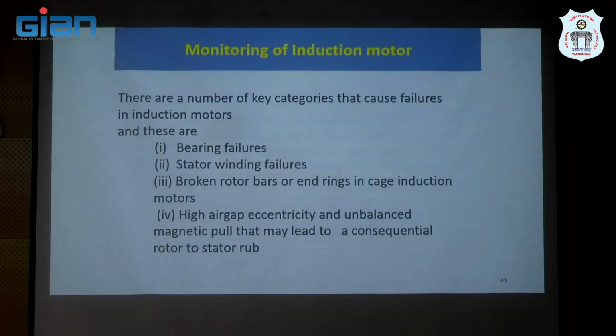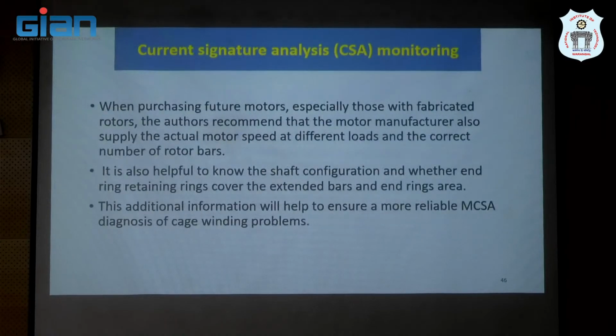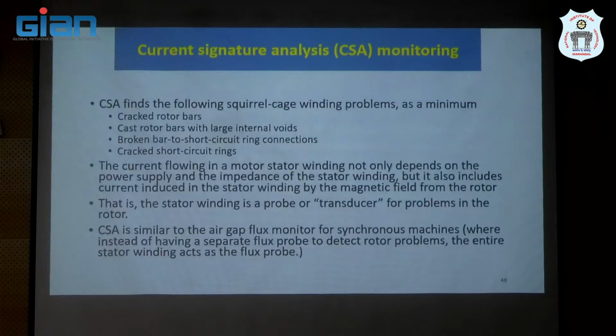All these things sir has explained clearly. These are different failures of induction motors. You can see CSA: cracked rotor bars, cast rotor bars with large internal voids, broken bar to short circuit ring connections, cracked short circuit rings, like that.